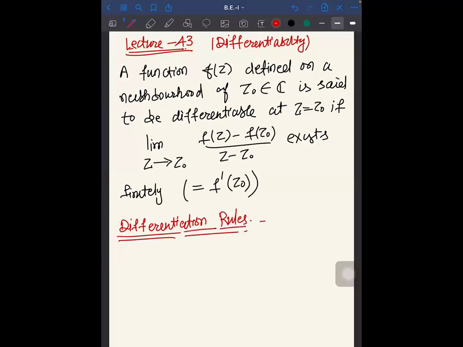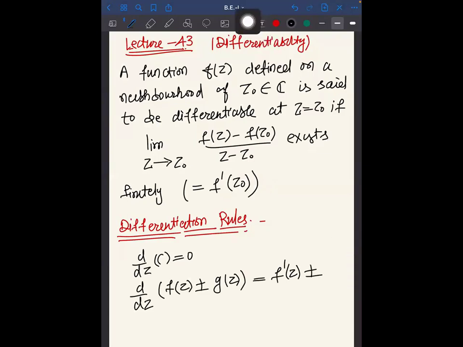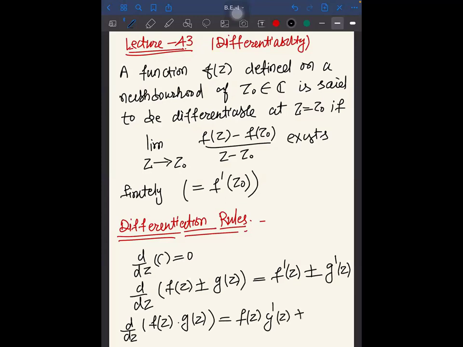So these are the rules which I'm mentioning over here. If you take a constant, of course its derivative will be 0. If you take f(z) plus or minus g(z), we can differentiate and distribute over addition. If you want to differentiate the product of two functions, you can write it in the same way.